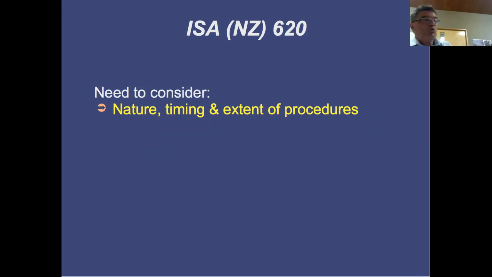As auditor, we drive this. We tell the expert the nature, timing, and extent of procedures. You have to report to us by, boom. That's up to us. Audit is driving this, and that's not the case with a management expert.